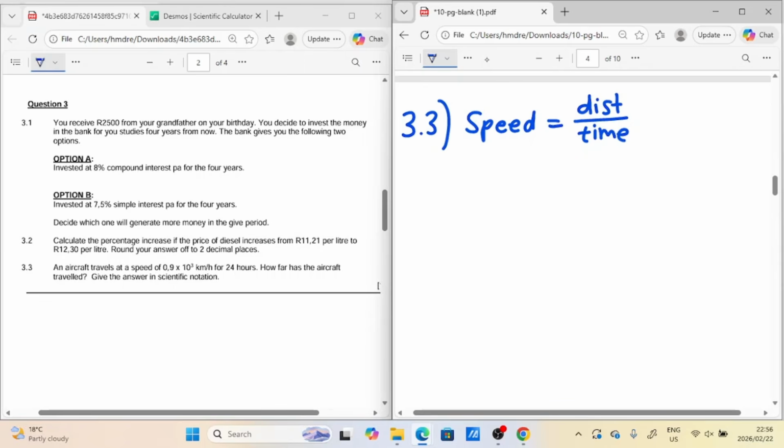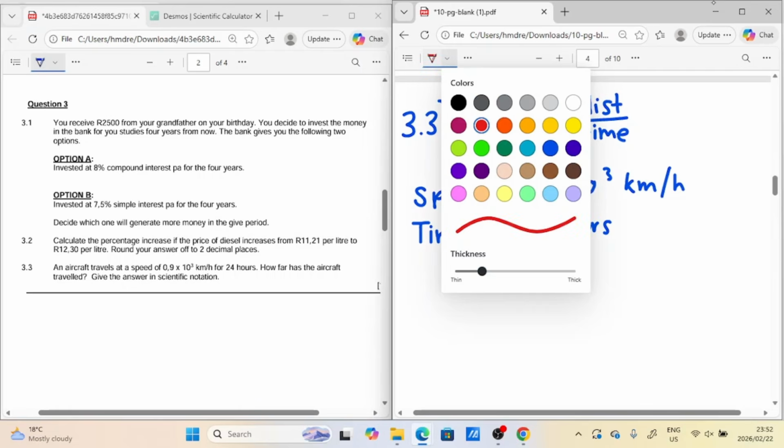In this case, they tell us the speed, 0.9 times 10 to the 3, and they tell us the time, 24 hours.